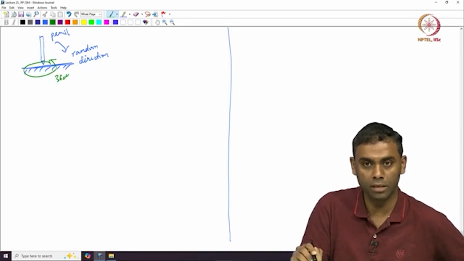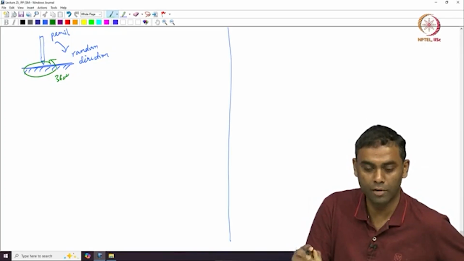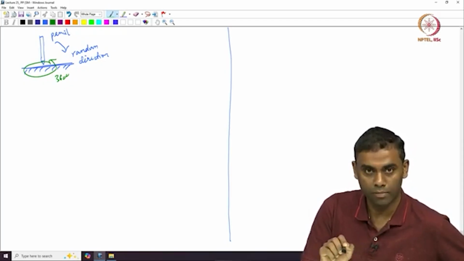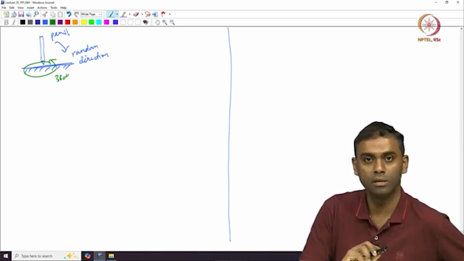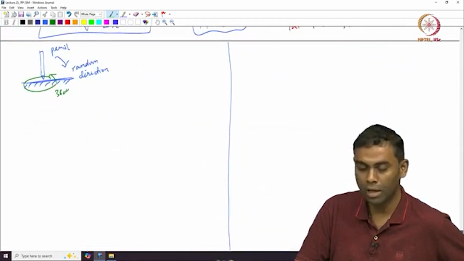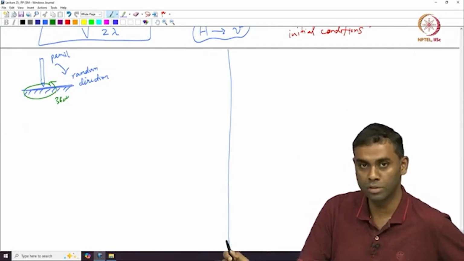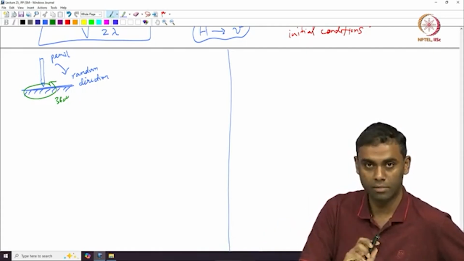There was basically an entire circle around the pencil that could have been the direction in which it fell down, and every time you try to make it vertical, it falls down in some random direction, right, and if you do it an infinite number of times, it will actually span the entire circle, correct. In other words, here also the possibilities for the minima were actually degenerate, right. The possibilities for the minima actually enjoyed a circular symmetry, but the actual minimum to which the system goes is picked randomly, right.